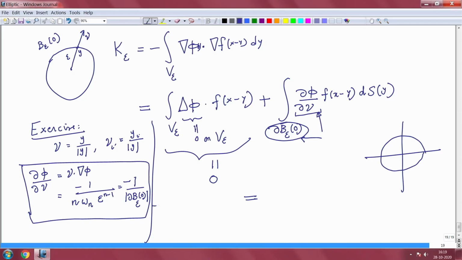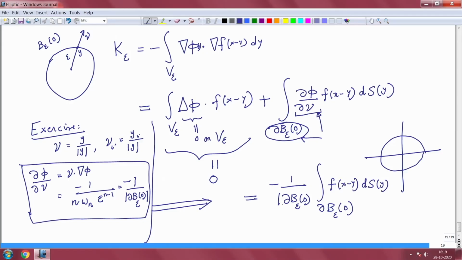So, if you write down your K epsilon here, d phi by d nu is independent of y, so that comes out, and you have the integral over the boundary of B epsilon of 0, of f of x minus y, where you differentiate with respect to y. So, you see this is what your K epsilon is.